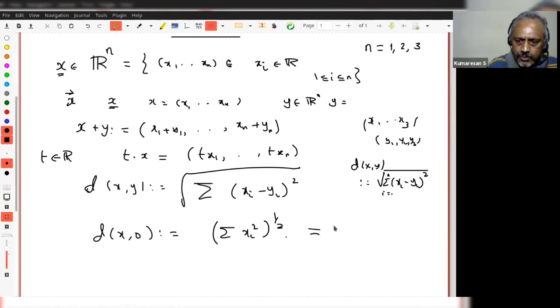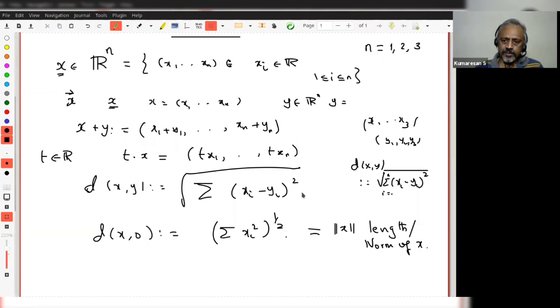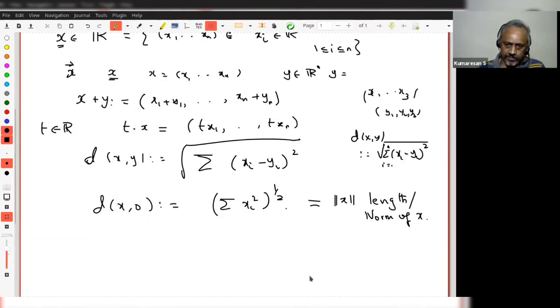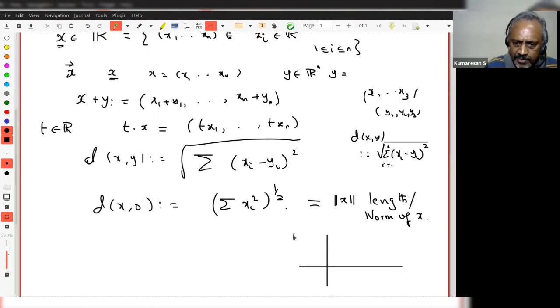This is usually denoted by norm of x, and this is called the length or norm of the vector. The norm of the vector is nothing other than the distance from 0 to x. Suppose this is my x, then look at this distance. This distance is your norm of x. That's what you call the length of the vector.